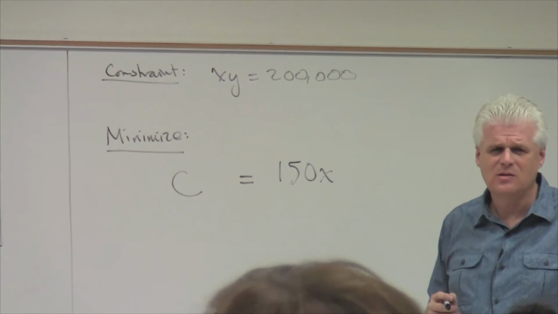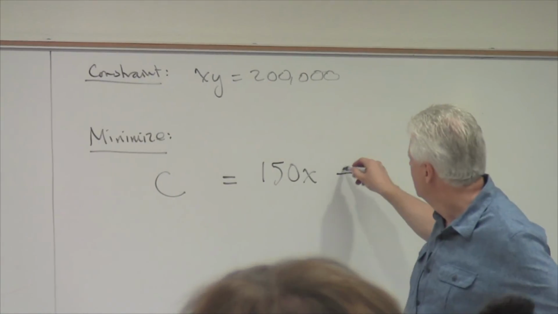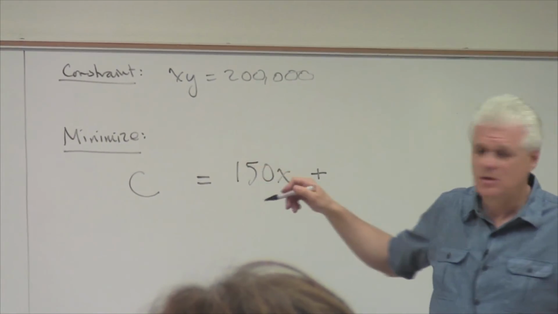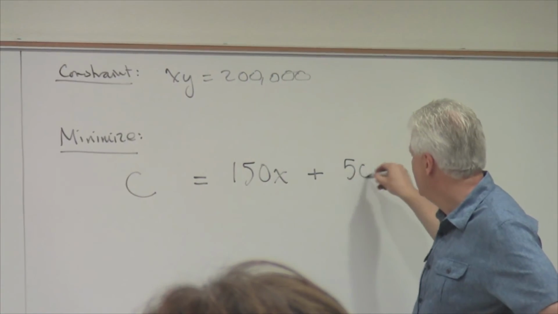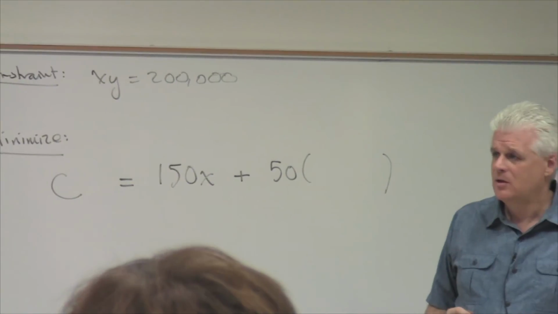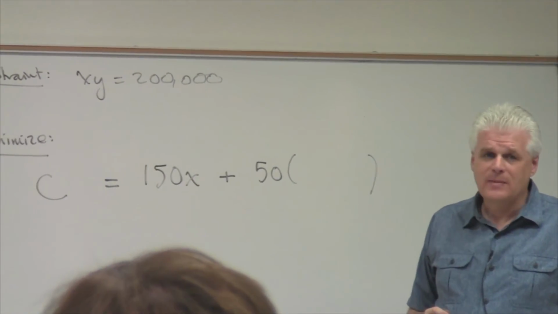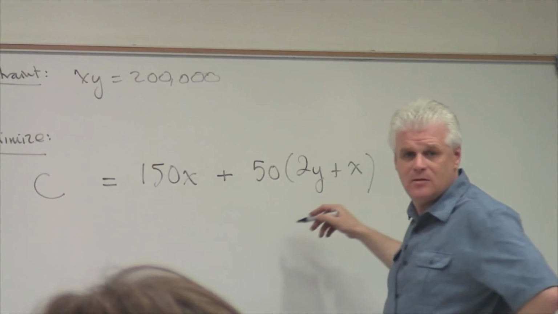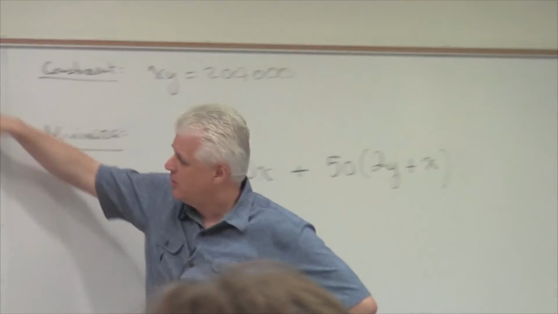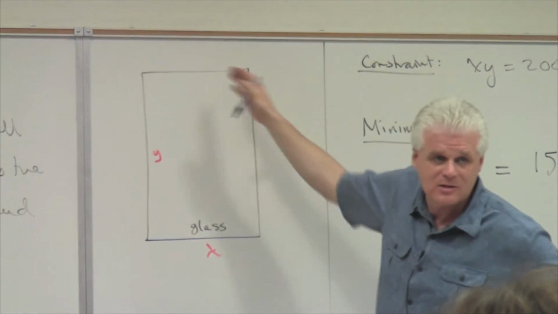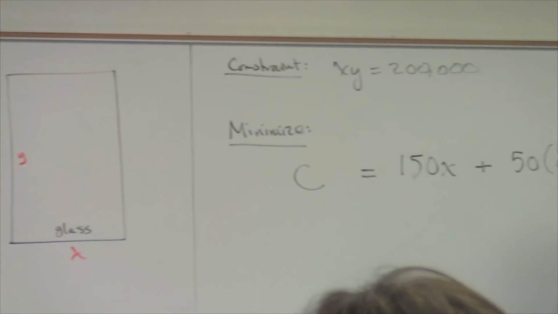Does that make sense? Okay, plus. And then I pay $50 a foot for the cinder walls. So that's 50 times, and how much cinder block wall do I have? 2y plus x. Yeah, 2y plus x. Everyone see that? The 2 sides are both cinder block. There's 2 y's and an x. The side opposite the glass wall is an x, isn't it? Everyone okay with this?